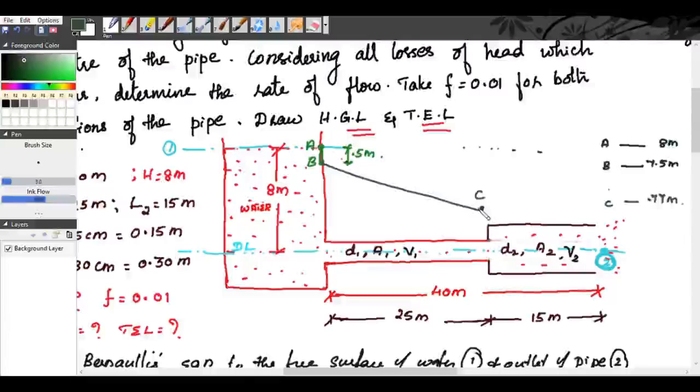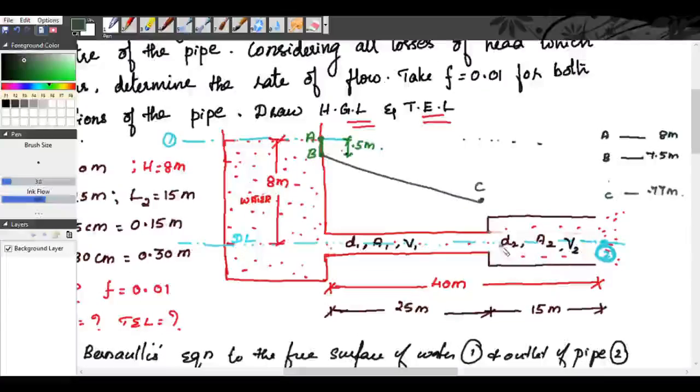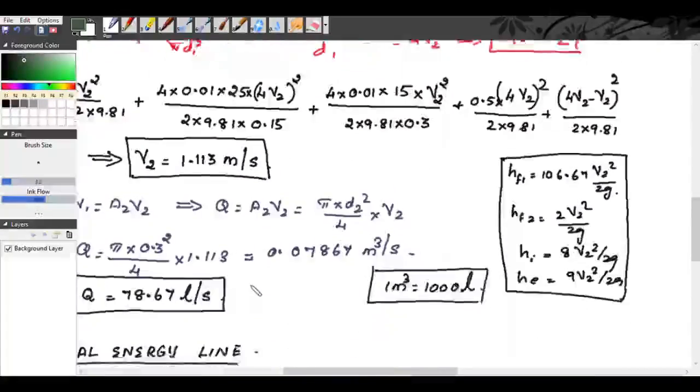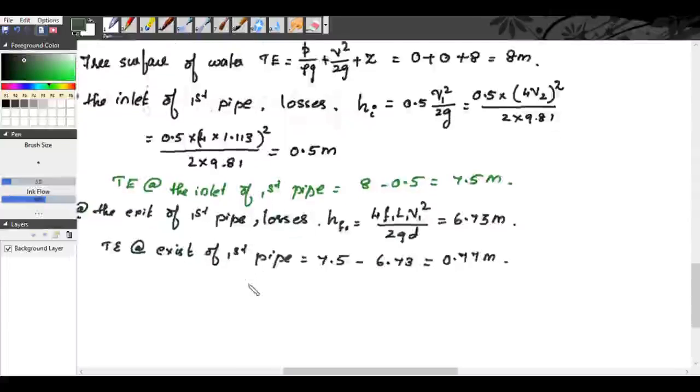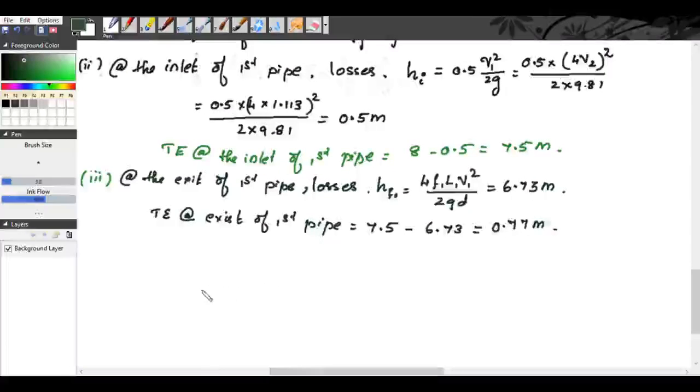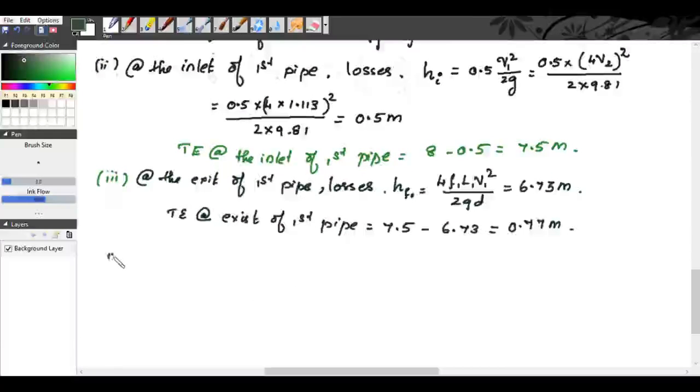Now at C, at this point we have a sudden enlargement. So there is loss due to sudden enlargement. So now again at the exit of pipe 1, we have loss due to sudden enlargement.